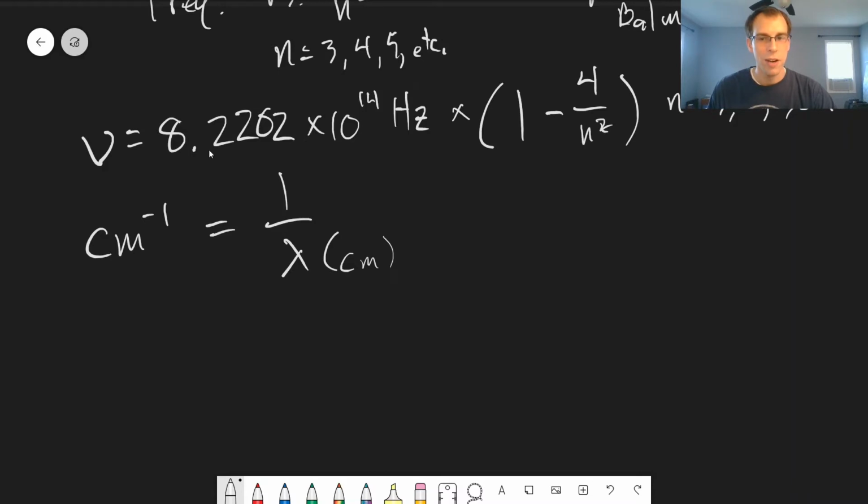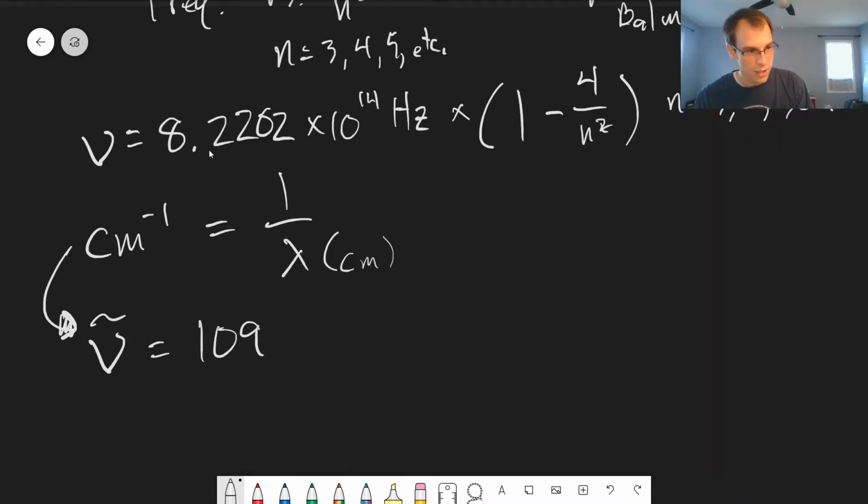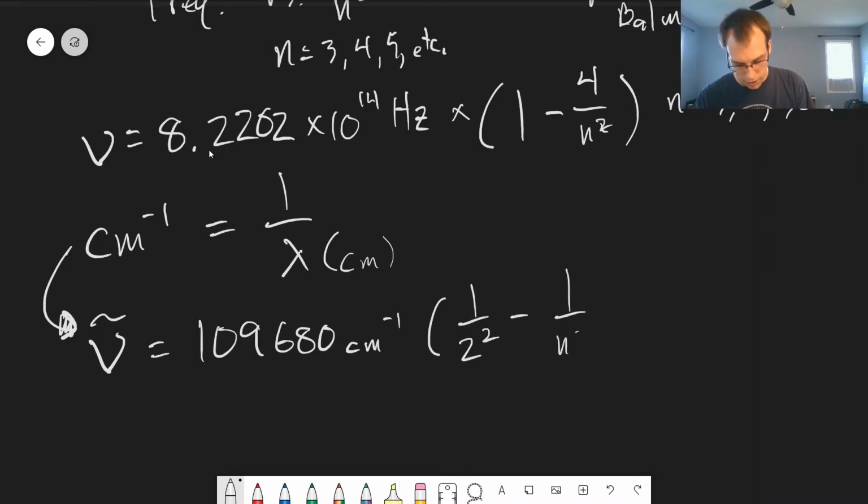So we can rewrite this equation with the wave number, nu tilde, equal to 109,680 wave numbers times 1 over 2 squared minus 1 over n squared, again where n starts at 3.